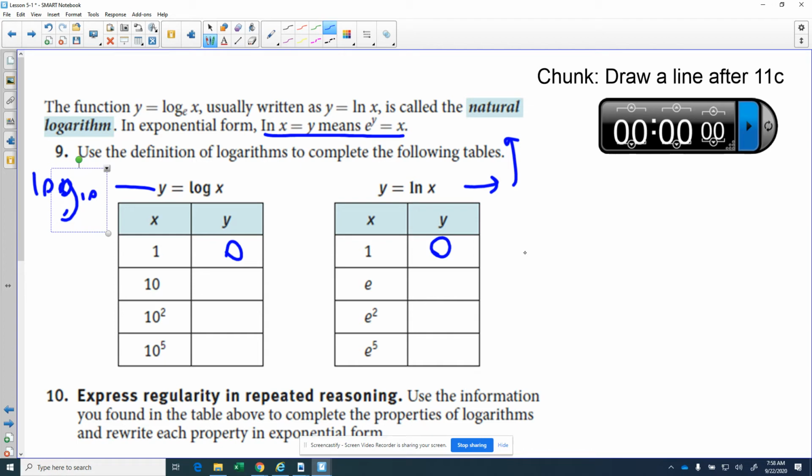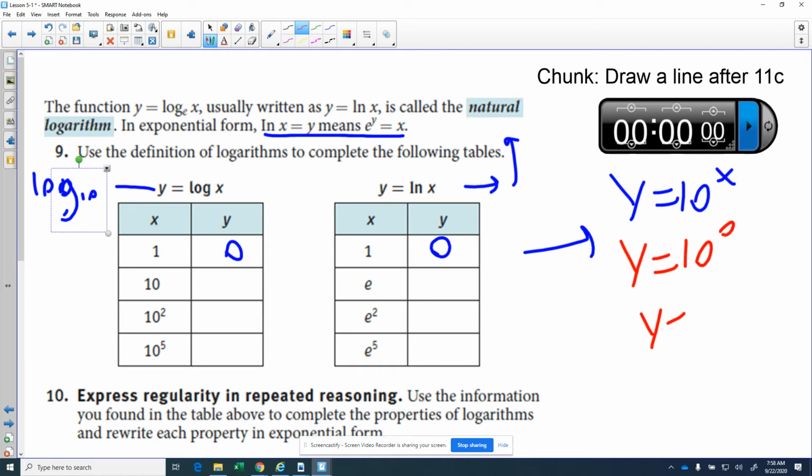If I were to think about just the equation y equals 10 to the x, well, if I were to plug a 0 in for that exponent, y equals 10 to the 0, my answer would just come out to be 1. So what log is doing is giving us this value of an exponent. It's actually telling us what the exponent is as an answer.